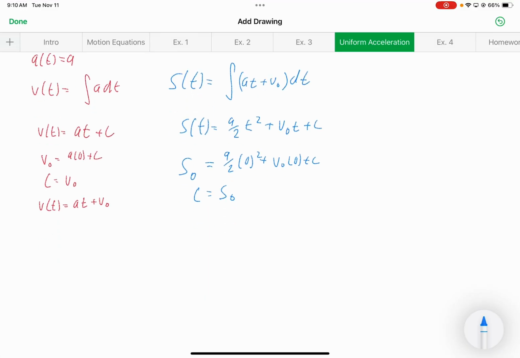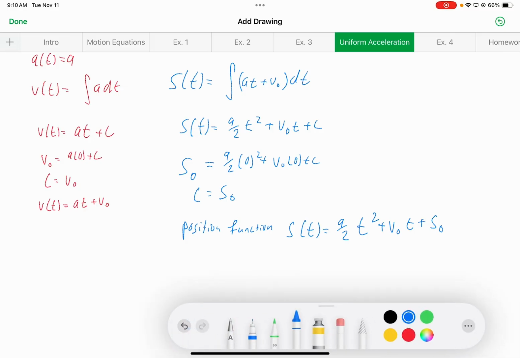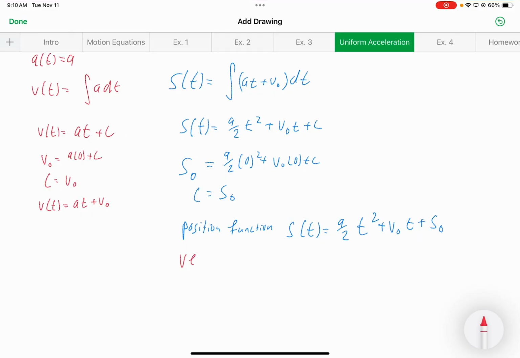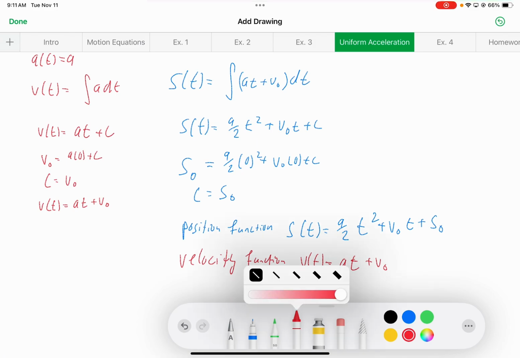All right, which gives us our position function. s of t equals a over 2, our gravity divided in half, t squared plus our initial velocity times t plus our initial height. And then my velocity function is v of t equals a times t plus our initial velocity.